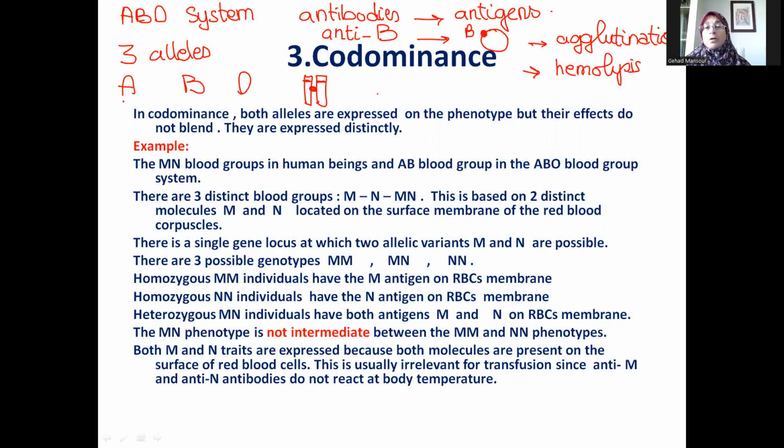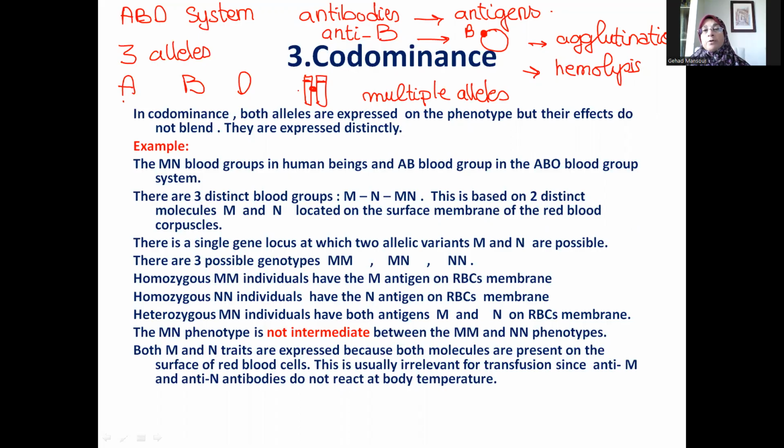So first of all, inheritance of the ABO blood system is, as we said before, a condition of multiple alleles. This is the first breach of Mendel's law: we have three alleles controlling one phenotype, which is the blood group, and that's why we call it multiple alleles.